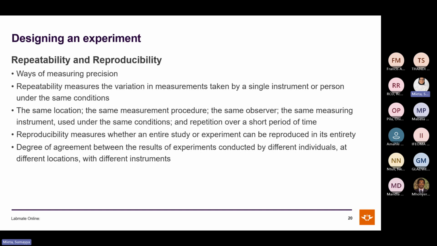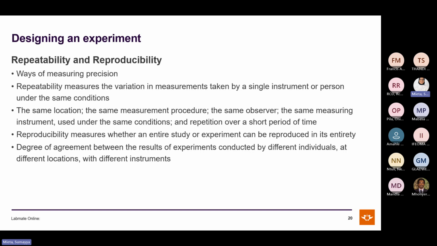Okay, that is reproducibility. So repeatability measures the variations in measurements taken by a single instrument or person under the same conditions. So what we mean by this is that it should be in the same place, the same measurement procedure, the same observer, the same instrument using the same conditions, and it is repeated over a short period of time. So you keep everything the same.